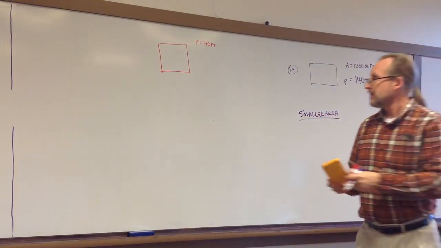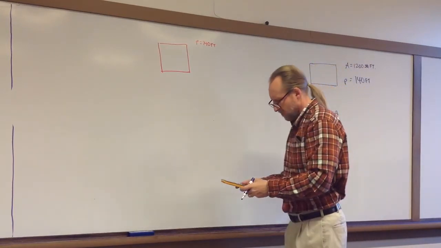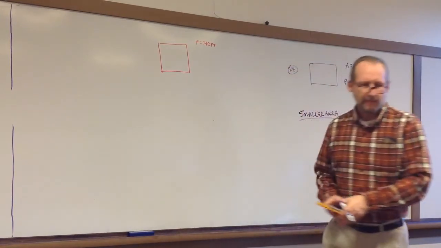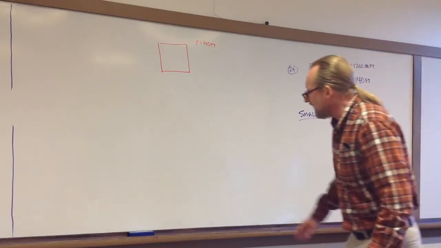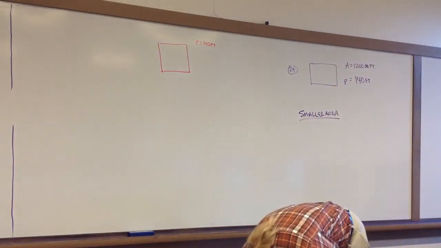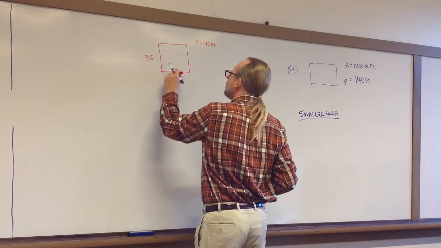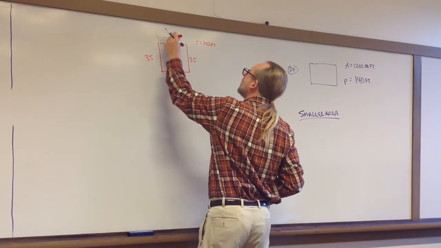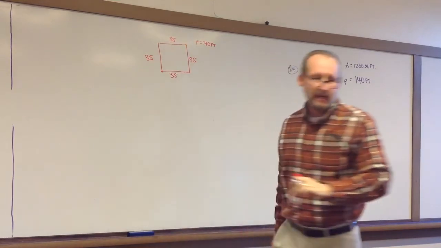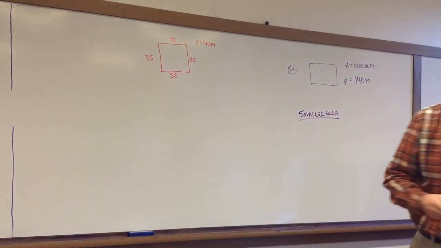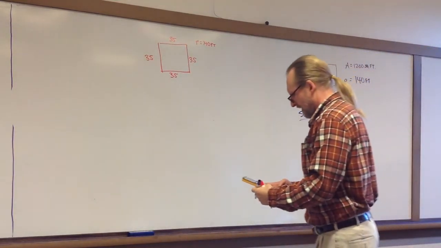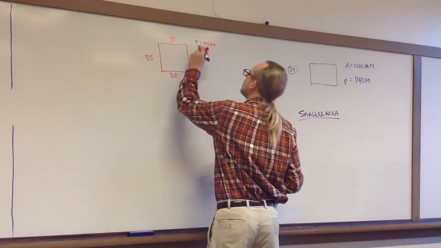I think that's going to be 35. So the biggest area is going to come from this square that's 35 on each side. And that area, 35 times 35, is 1225.